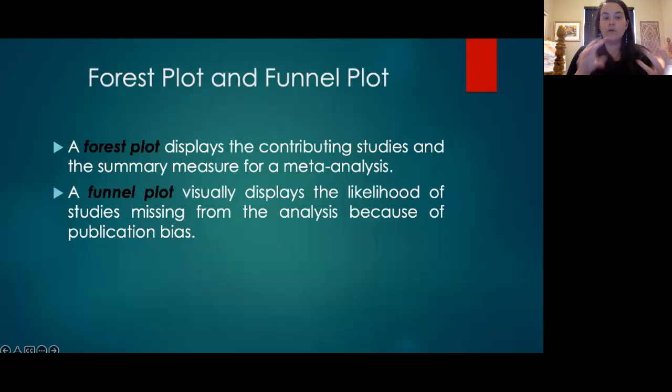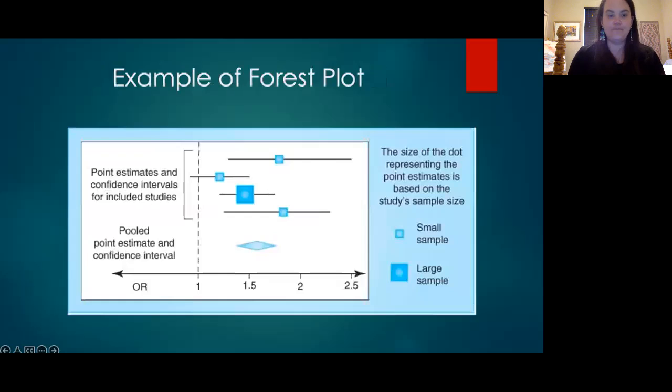There's also the forest plot and funnel plot, and you'll see these in meta-analyses. So a forest plot displays the contributing studies and the summary measures for those meta-analyses, and I'll show you an example in a second. And the funnel plot displays the likelihood of studies missing from the analysis because of publication bias. So even though we can't control it, we can kind of assess it.